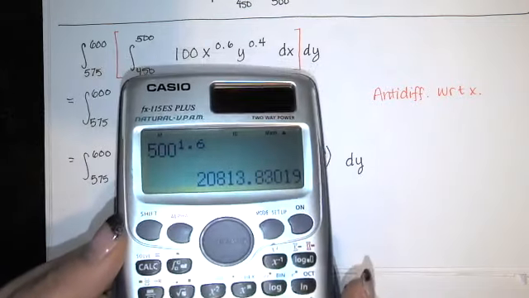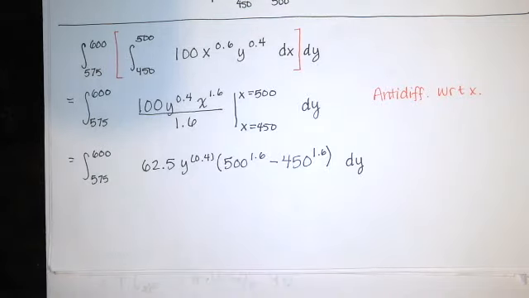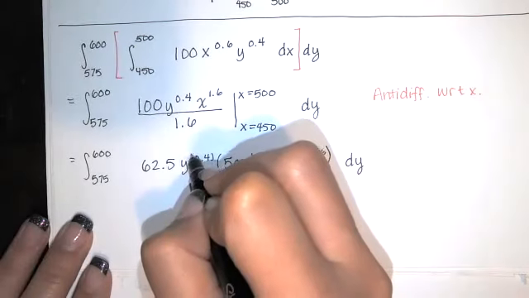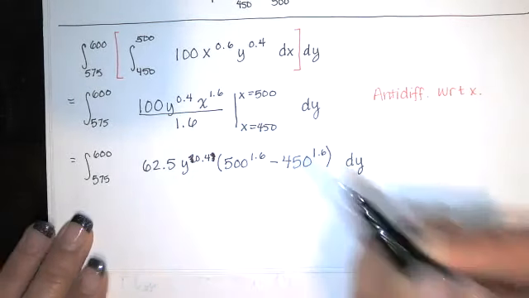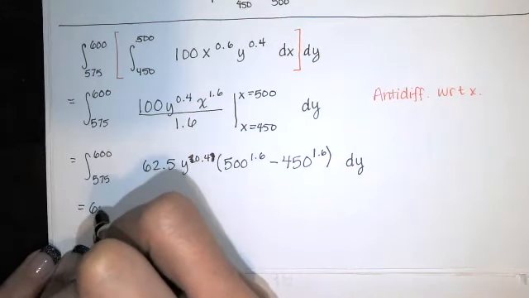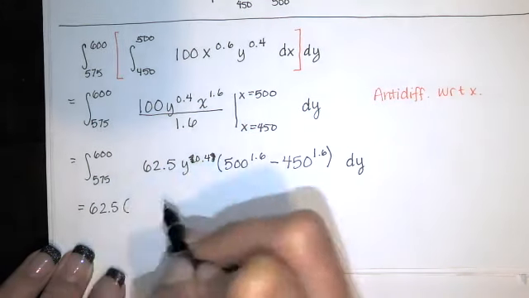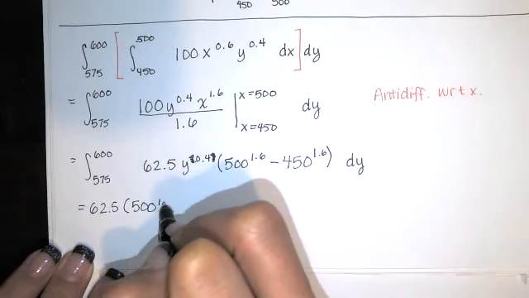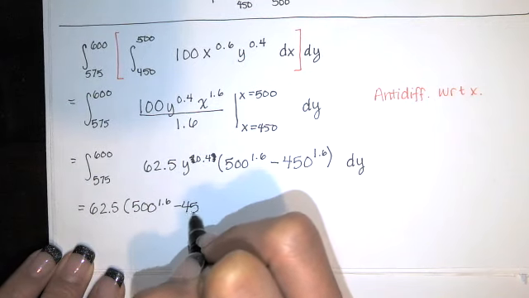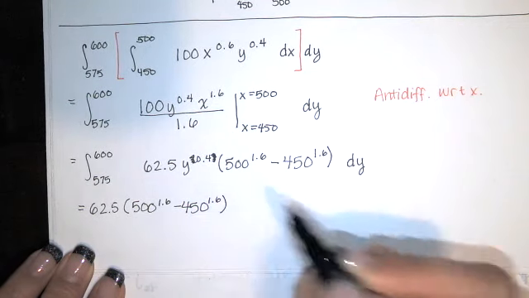And I get these kind of ugly decimals. So I think I'll just leave that alone for right now. Sorry about that. So I have 62.5 times 500 to the 1.6 minus 450 to the 1.6.